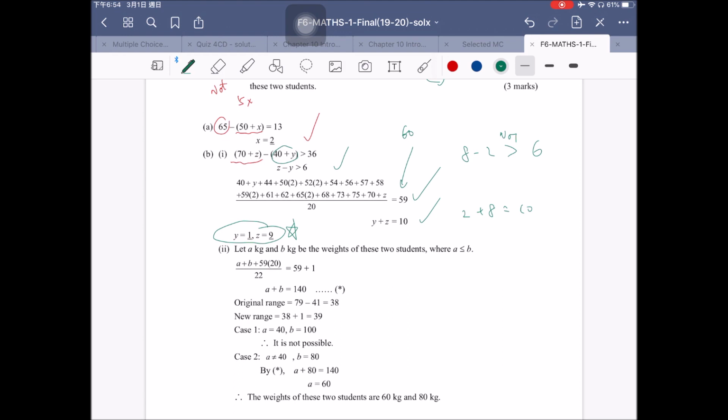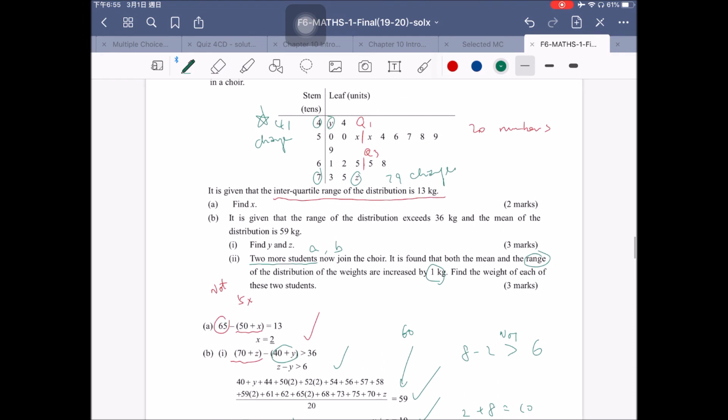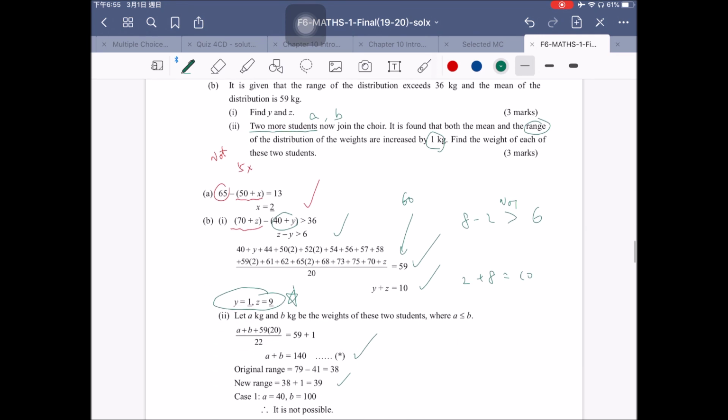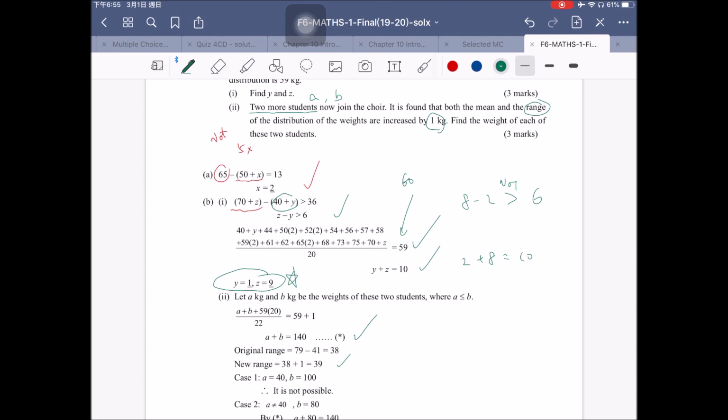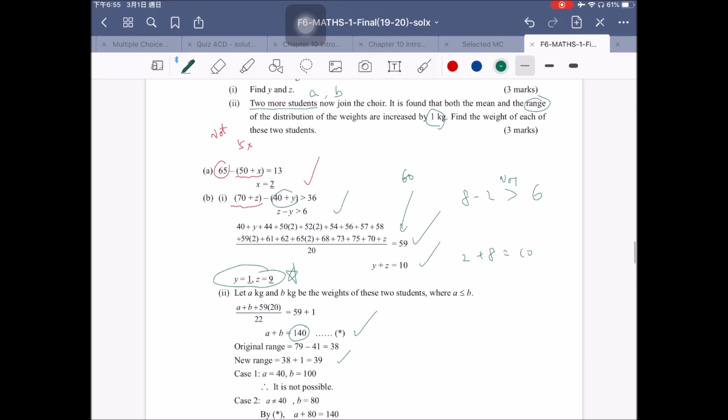If you find the mean, you will find out that A plus B equals 140. And the range is 39 now. If A changes, if the smallest value changes, okay? Say, for example, it is 40, then because these 2 numbers add up together to 140, so this one becomes 100. The range becomes 60, so it is wrong.